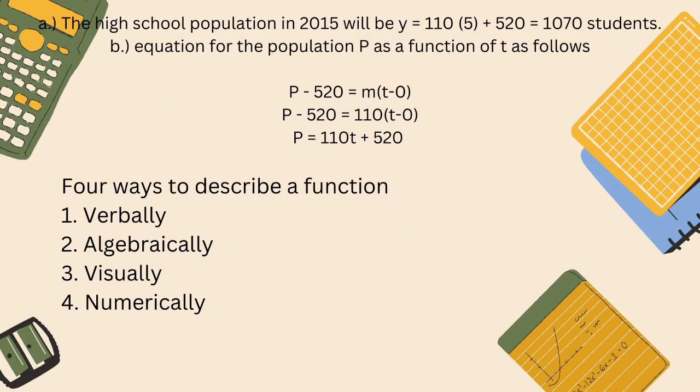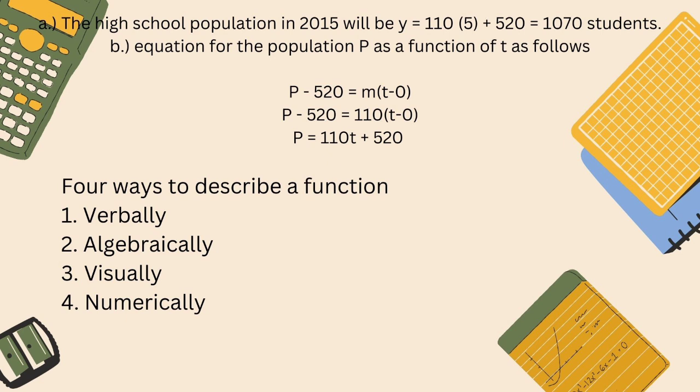There are 4 ways to describe a function. The first one is verbal. A word description is used in this way of representing a function. The second one is algebraic. This representation of a function refers to the expression using an equation or mathematical model.